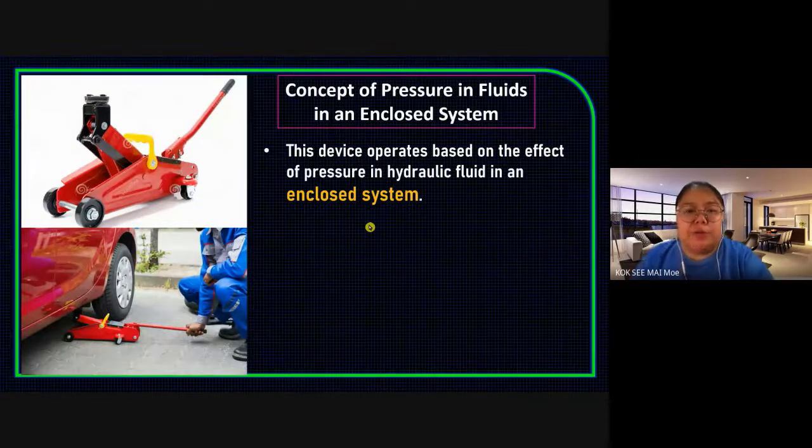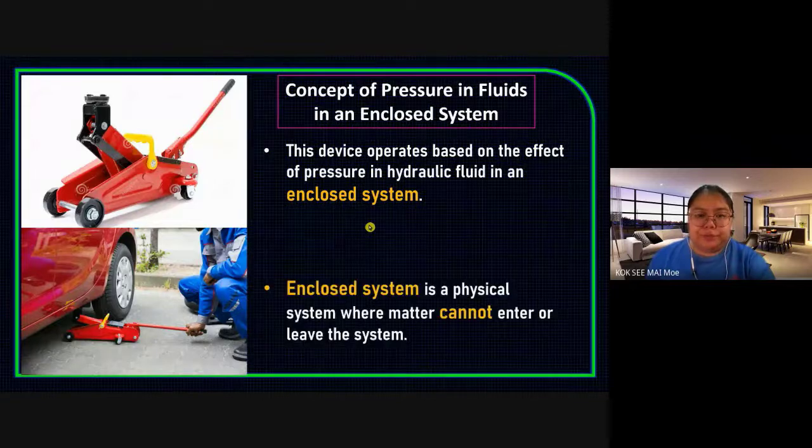If you have air bubbles, when you press, you are pressing the air bubble, not the liquid. If you press the liquid, the liquid will transfer the pressure and lift up the car. With air bubbles, you first overcome the air bubble, then you overcome the liquid. That's why the whole system must be closed. We don't want any air molecules to disturb the whole process.